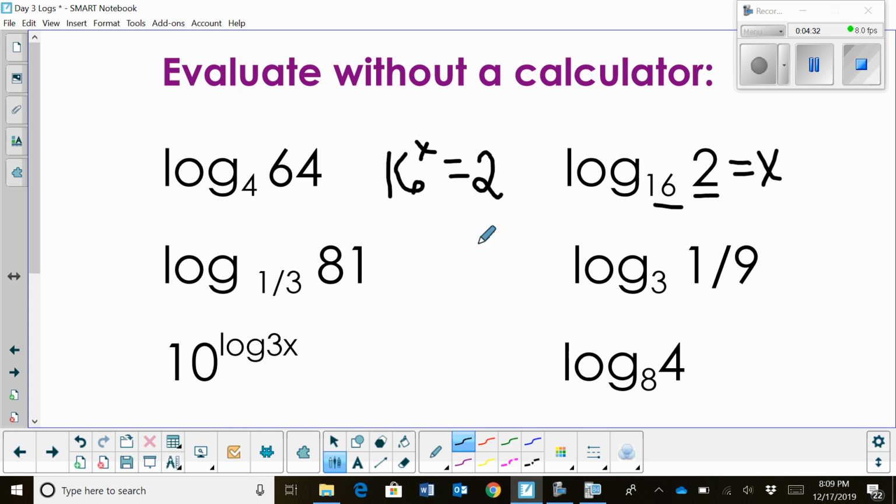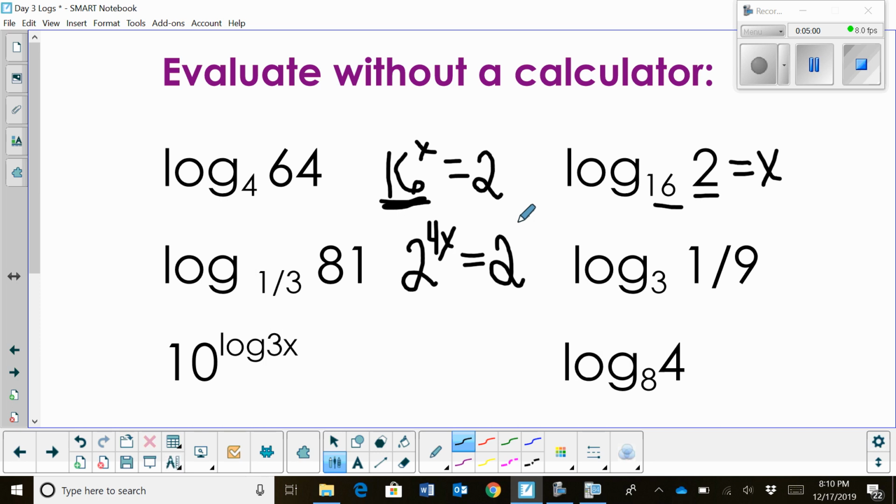So how do I take 16 to a power? What I'm going to do is rewrite 16 so it has the same base. So 16 can be written as a base 2 if we take 2 and raise it to the 4th power. So 16 can be rewritten as 2 to the 4th, all to the x. So it's 2 to the 4x is equal to 2.